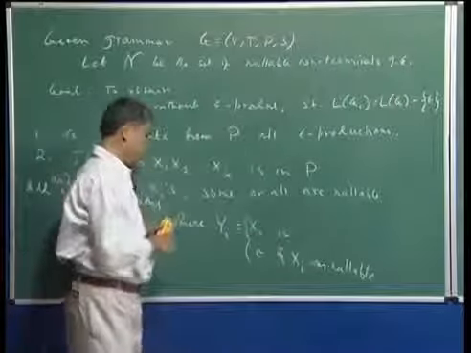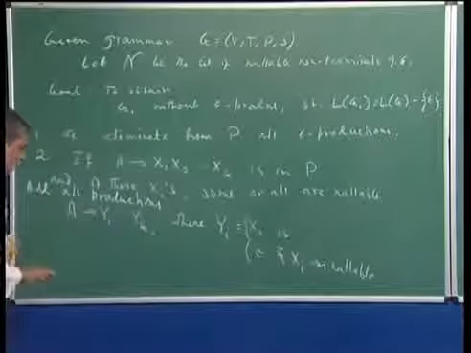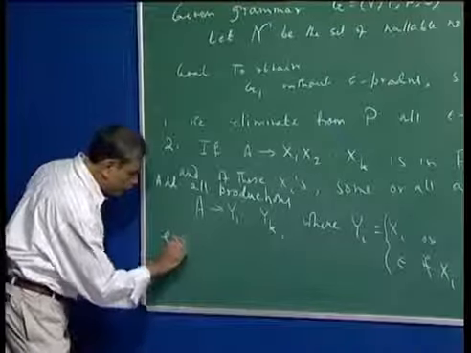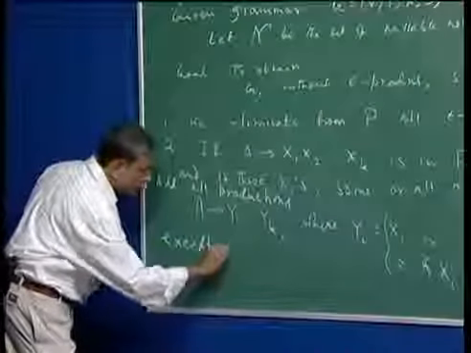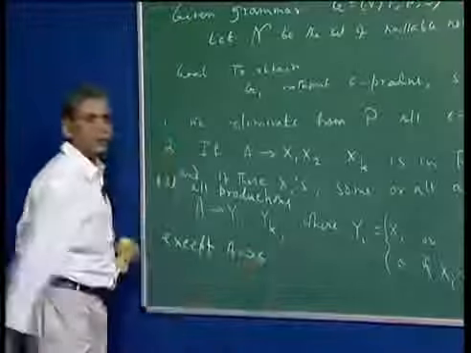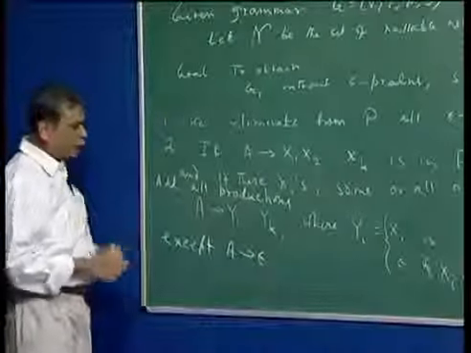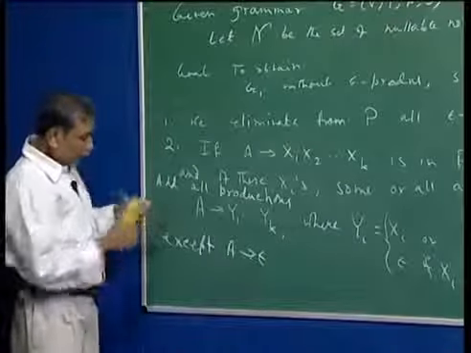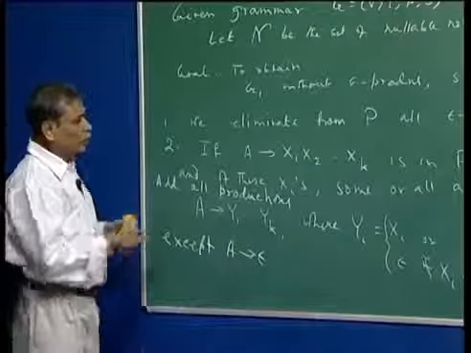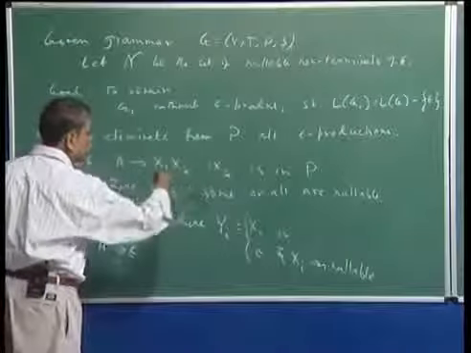The ith place could contain epsilon, which is fine, except for A goes to epsilon, except this production, which would arise when all of them are nullable.